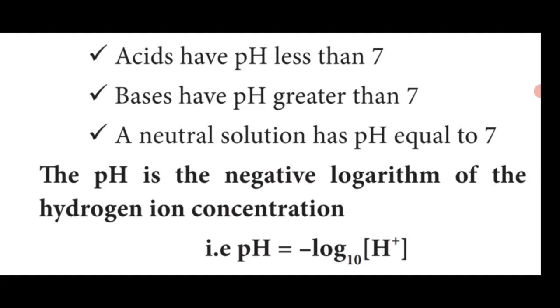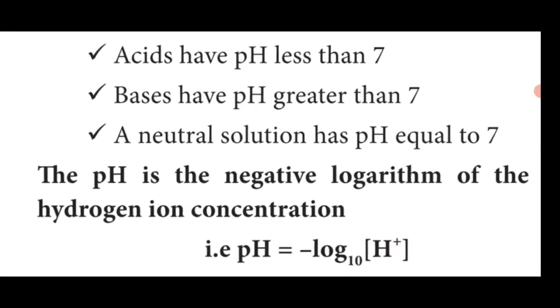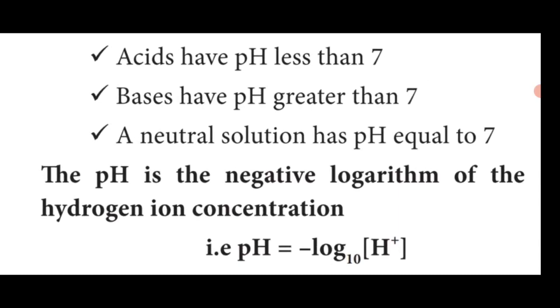What is the formula? pH equals minus log base 10 of the H plus ion concentration, where H plus is the hydrogen ion. This is the pH formula. This is an important question.